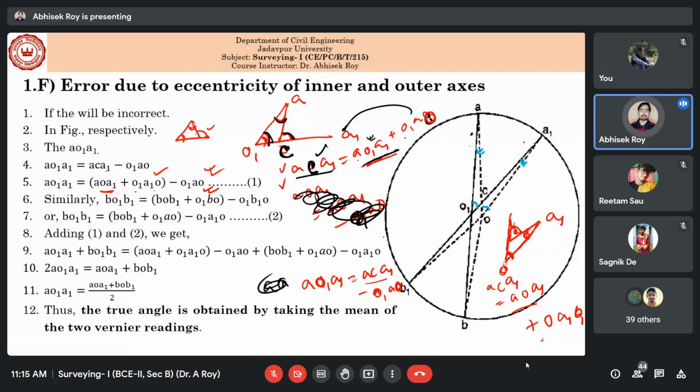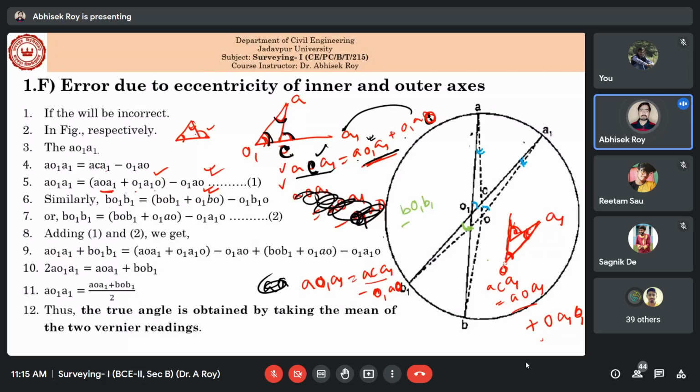Similarly, for B also we can write BO1B1, this angle is equal to this angle.